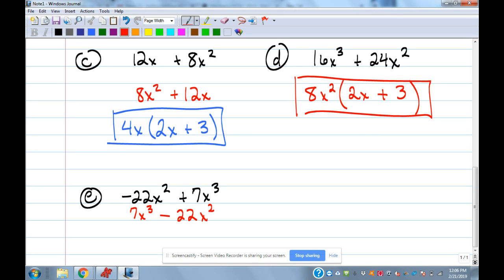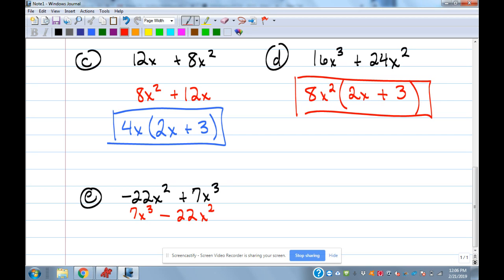It's prime, right? So 1 in itself. Does 7 go into 22 evenly? No. If it were 21, it'd work great, but it doesn't. So 1 doesn't help us as a common factor. 7 won't go into both of them. It just goes into the first one. So our number, we don't pull a number out.